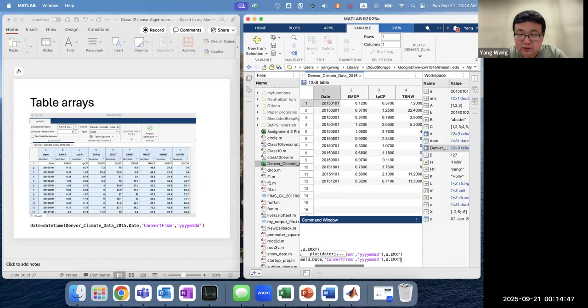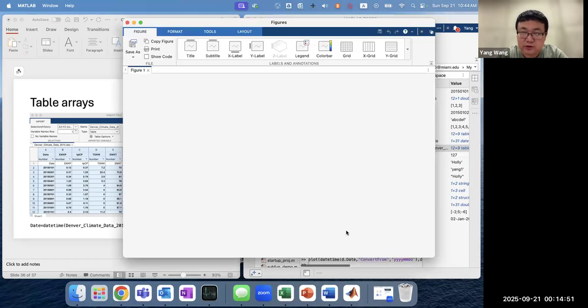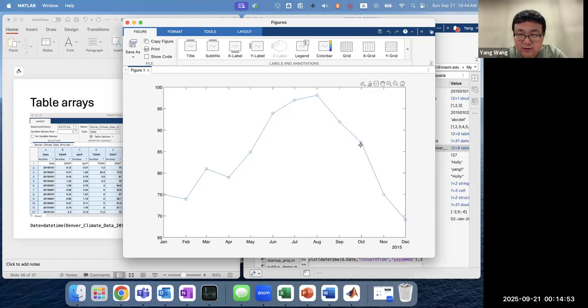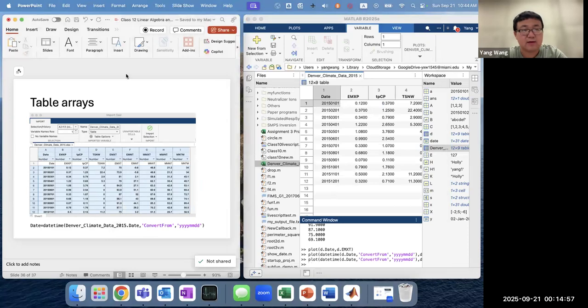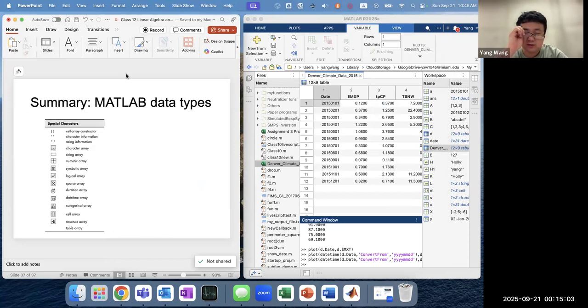Theoretically, you should be using circles because these are real measurements, right? So this is how we can access and demonstrate the table data. Table, I would say, is very similar to the structure. They are self-explanatory, and it's helpful for us to do data analysis.